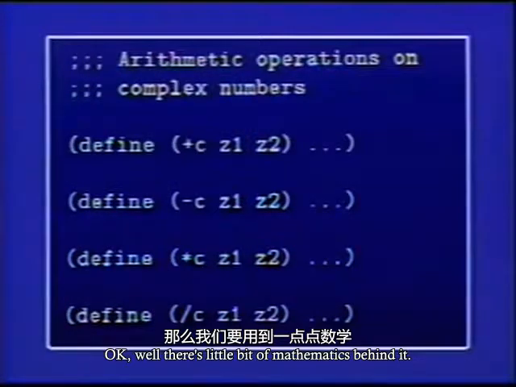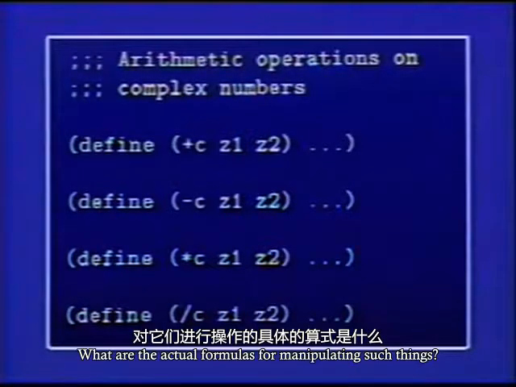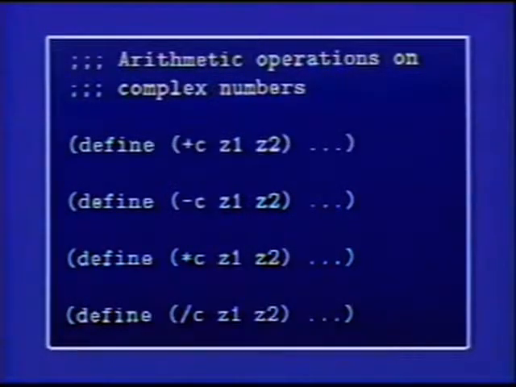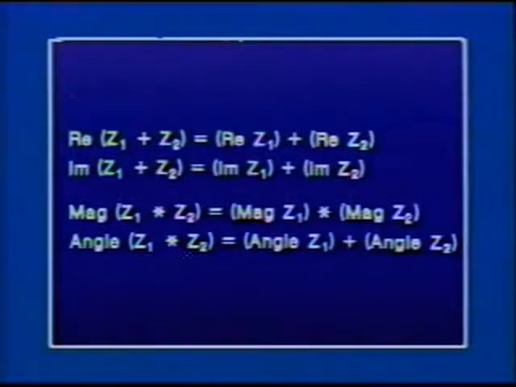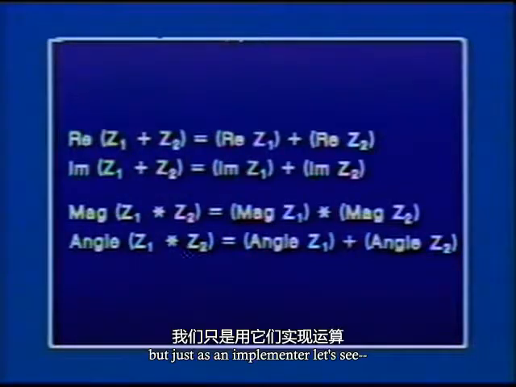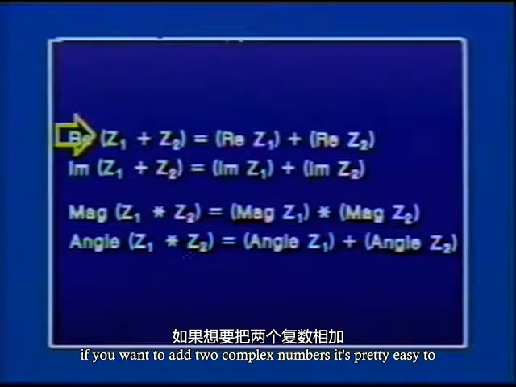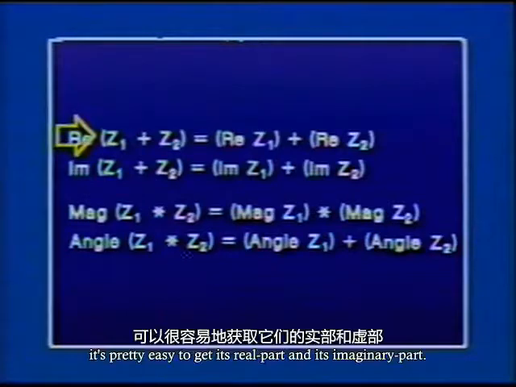Okay, well, there's a little bit of mathematics behind that. What are the actual formulas for manipulating such things? It's sort of not important where they come from, but just as an implementer, if you want to add two complex numbers, it's pretty easy to get the real part and the imaginary part.